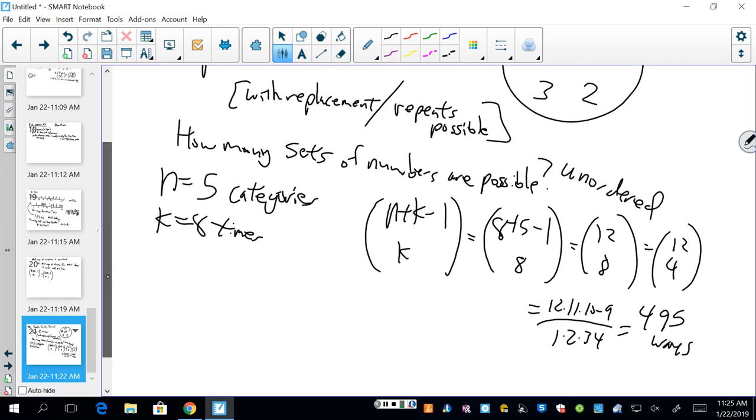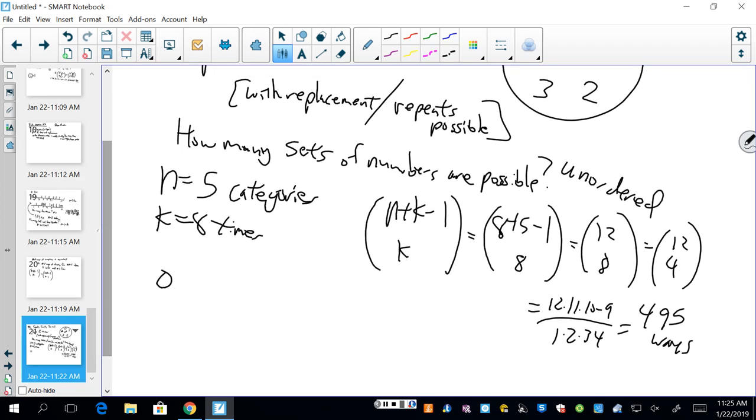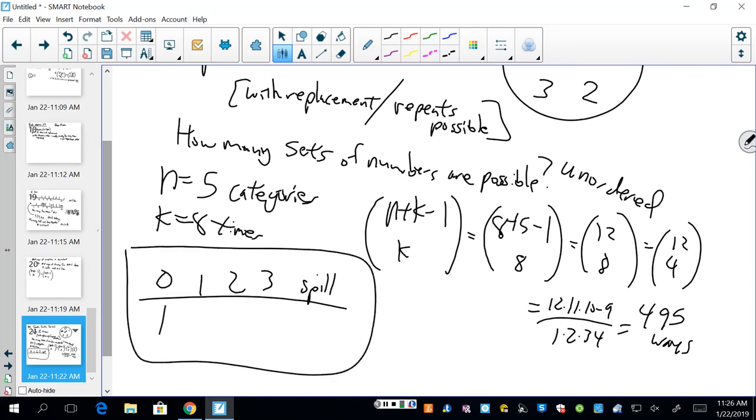So one sample pattern might be 0, 1, 2, 3, and spill, over the 8 spins. One type of sequence might have happened once, this might have happened 2 times, maybe you're unlucky and you have 3 spills, and maybe you get 2 of these and that doesn't happen.